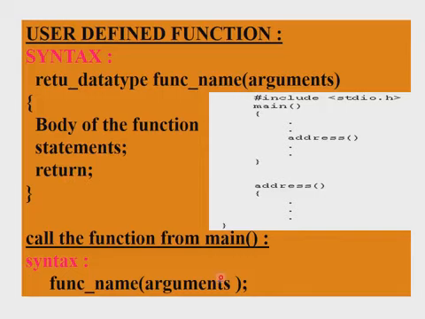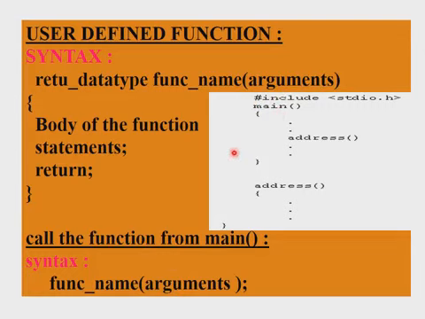And how can we call the function from the main function? For this, the syntax is the function name that we have defined here and the arguments. Here we can pass the actual arguments of the function, and where we define the function, the formal parameters can take the place of the actual parameters.